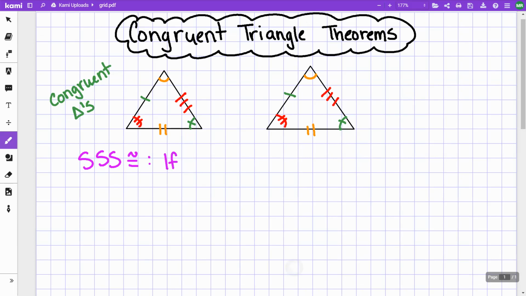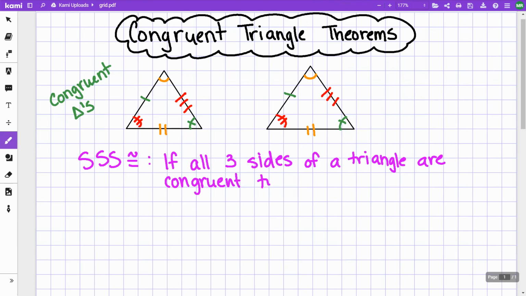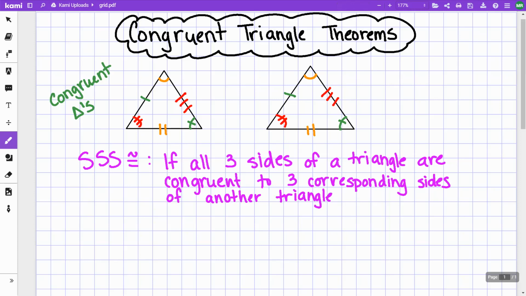So if all 3 sides of a triangle are congruent to 3 corresponding sides of another triangle, then the 2 triangles are congruent.